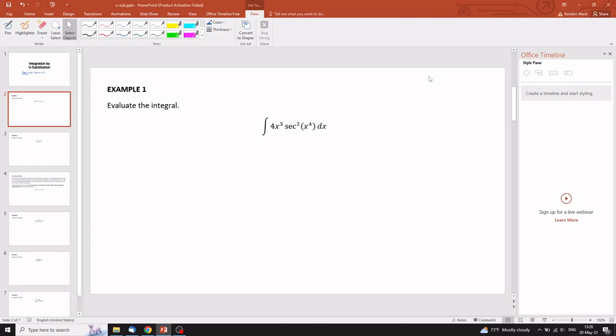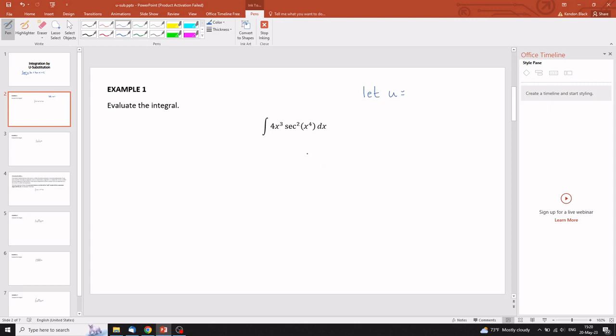What we're going to do for U-substitution is create a new variable u. We're going to say let u equal some expression with x.